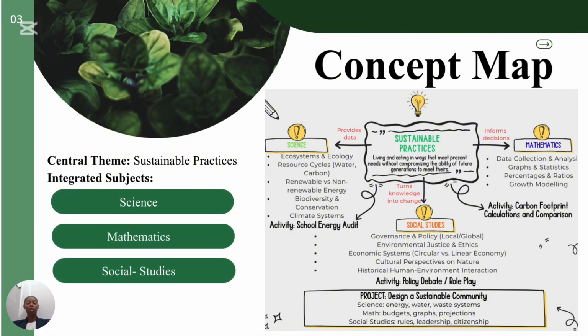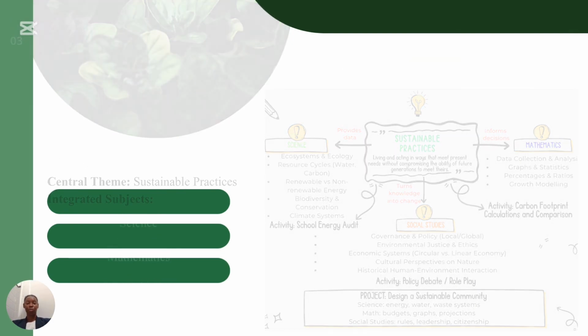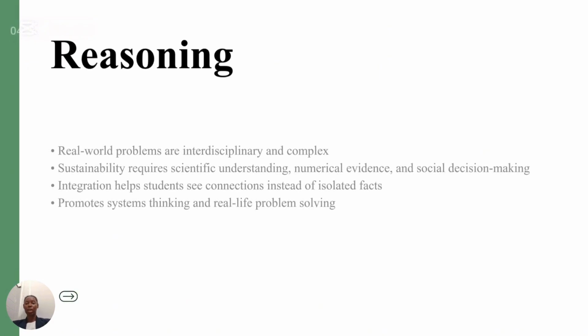As well as in social studies, we can look at a policy debate and do a role play about how these issues can affect each other in the environment. Now, by integrating these subjects, we can empower students to see the interconnections between learning and the real world, preparing them for future challenges.